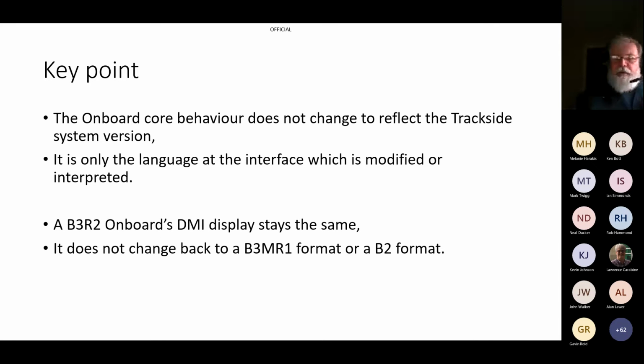So if you've got a baseline 3 release 2 onboard, its DMI will stay the same even if it transitions between a baseline 2 trackside, a baseline 3 MR1 trackside, or a baseline 3 release 2 trackside. It doesn't change back to reflect the trackside. So it stays consistent. And similarly, a baseline 3 maintenance release 1 DMI and all the core functionality stays the same. It is just the inputs that it receives from the trackside which are amended and translated.